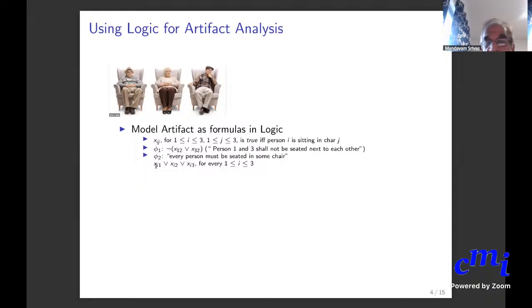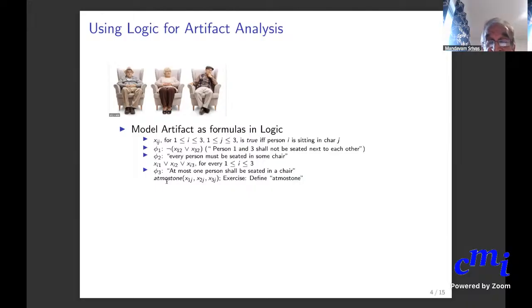So it allows for more than one person to be seated in the same thing, but that can be fixed by adding this one: at most one person shall be seated in a chair. By adding these two things, you will get the effect of exactly one person seated in every chair, and every person certainly seated in some chair.